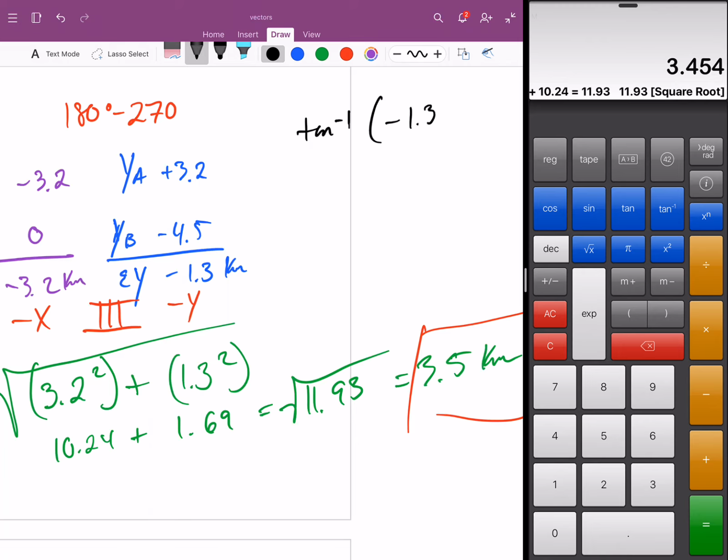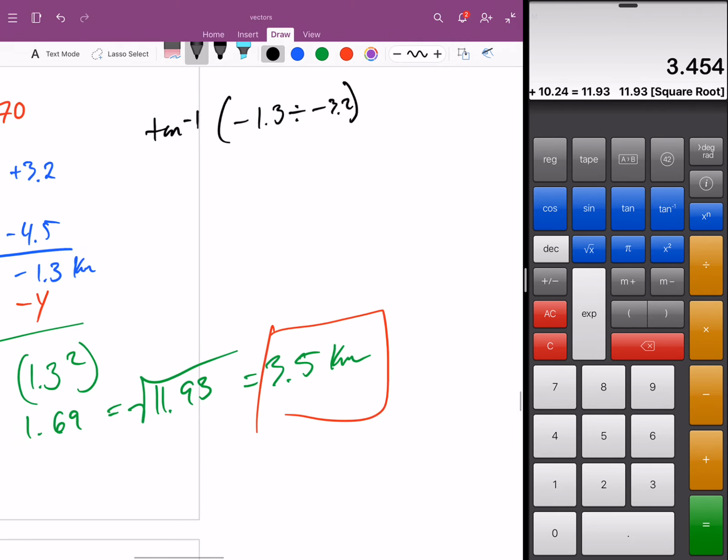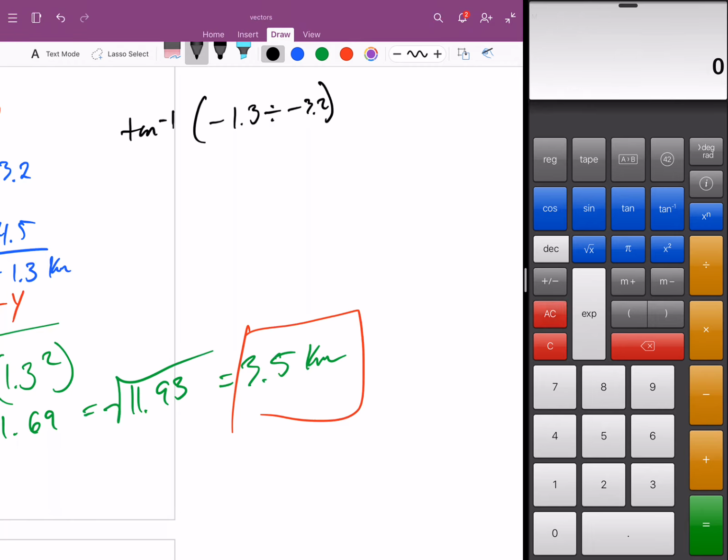Negative 1.3 divided by negative 3.2, negative divided by negative equals a positive 0.46. Inverse tangent, 22.1 degrees.